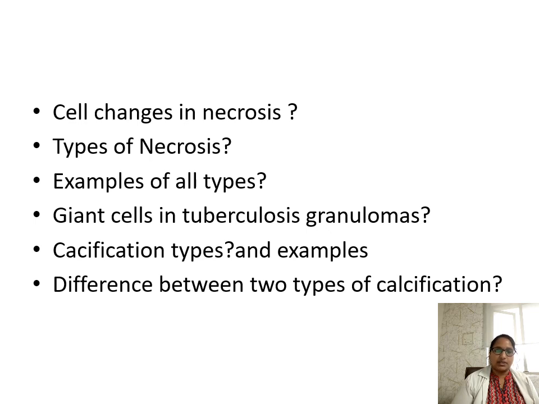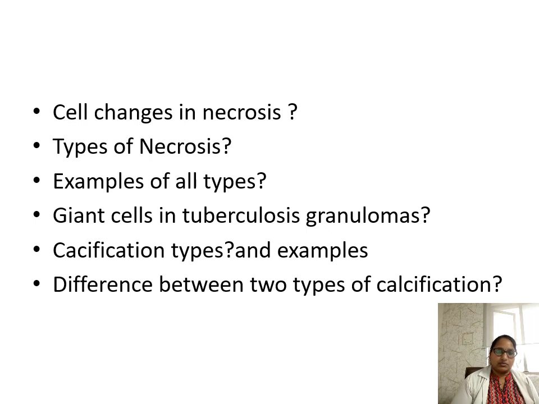Whereas metastatic calcification occurs in normal tissues, the calcium metabolism is abnormal, and hypercalcemia will be there. The causes are milk alkali syndrome, hypervitaminosis D, and hypercalcemia of infancy, and organs commonly involved in metastatic calcification are kidney, cornea, blood vessels, lungs, etc.